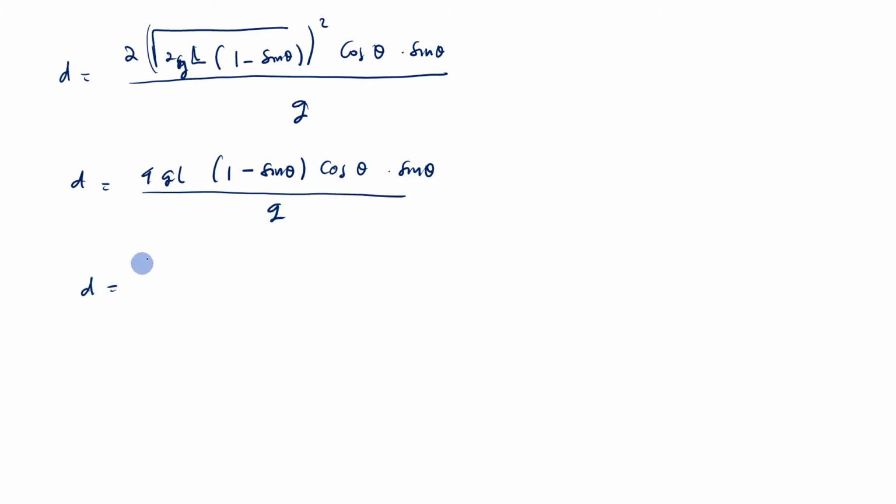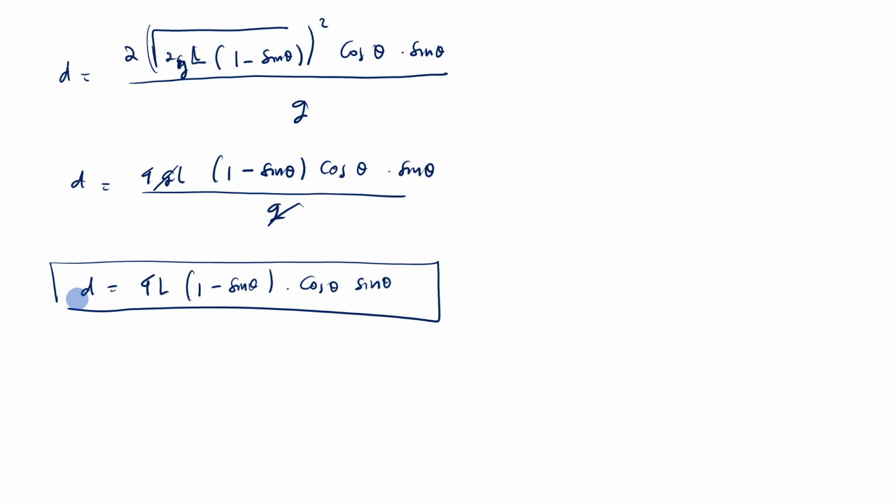We can erase g, so d equals 4l times 1 minus sine theta times cos theta times sine theta. This is the range of the resulting projectile motion.